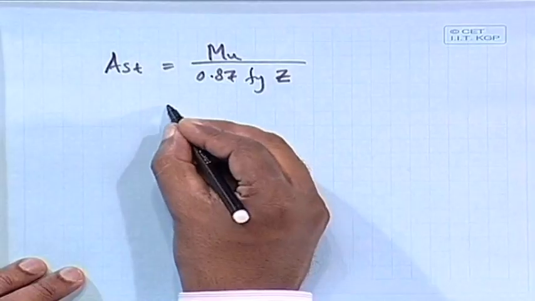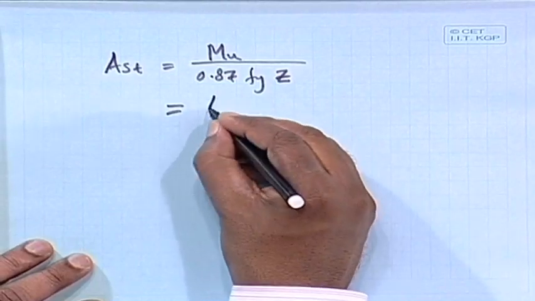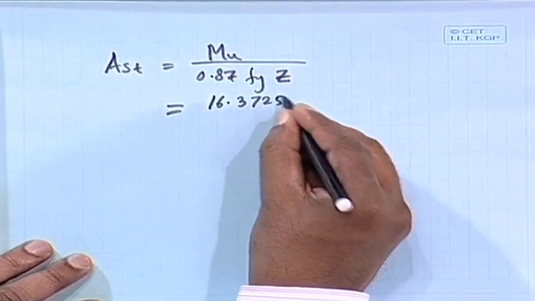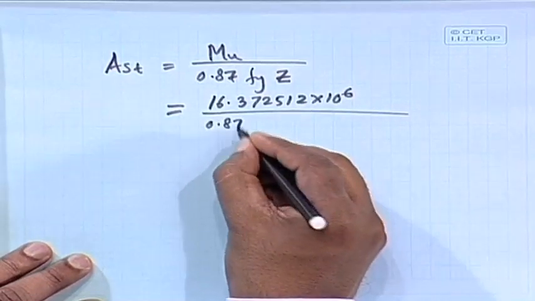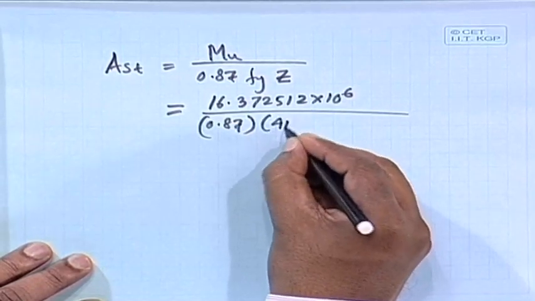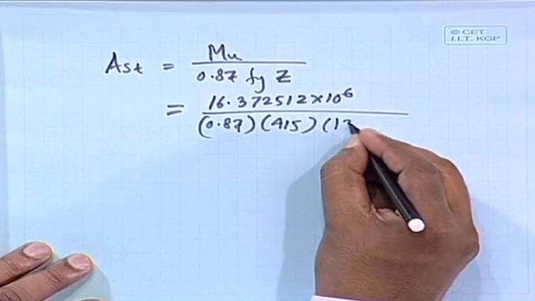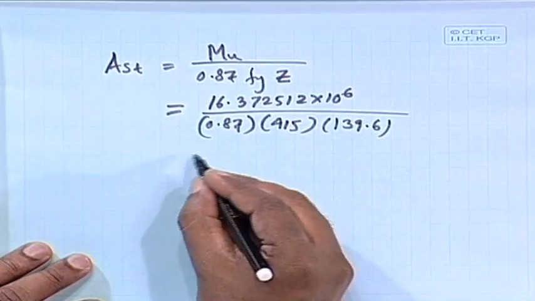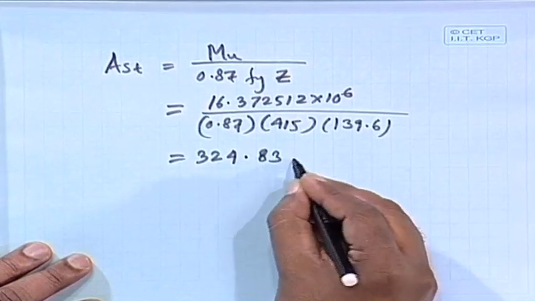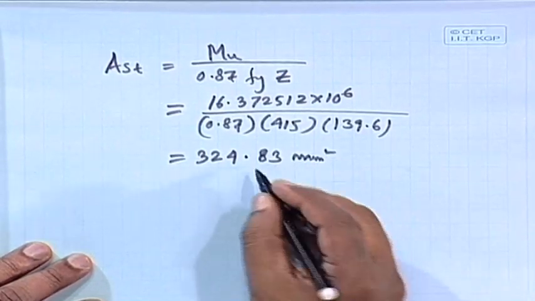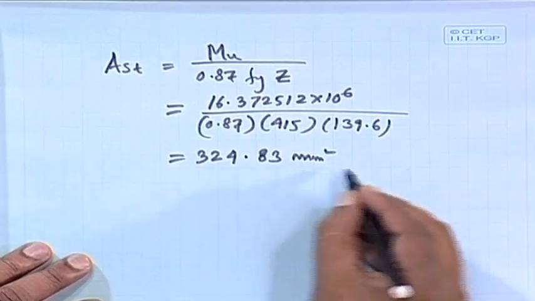So, Ast equals this much. Mu equals 16.372512 times 10 to the power 6 divided by 0.87 times 415 times 139.6, which comes as 324.83. I think we can ignore the 0.83. So, we are getting this much.